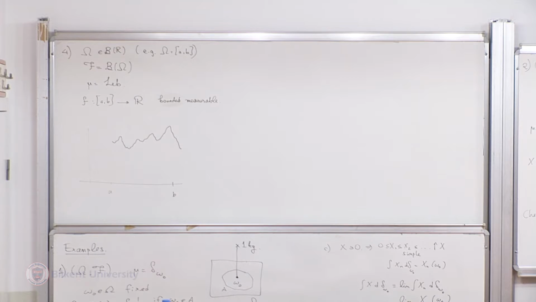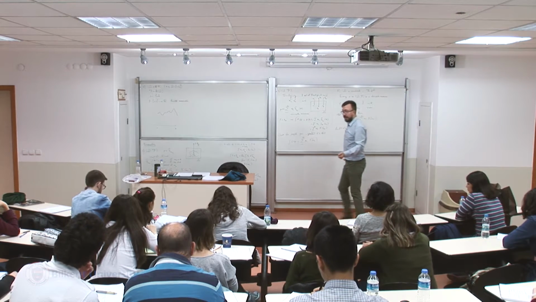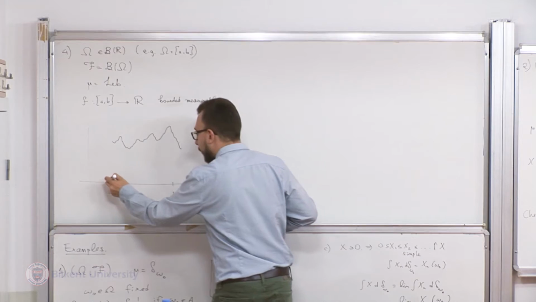What does this remind you from calculus? What kind of an integral did you learn in calculus? What is the name of the integral in calculus? Riemann integral, right? So you remember Riemann integrals. How was that defined?